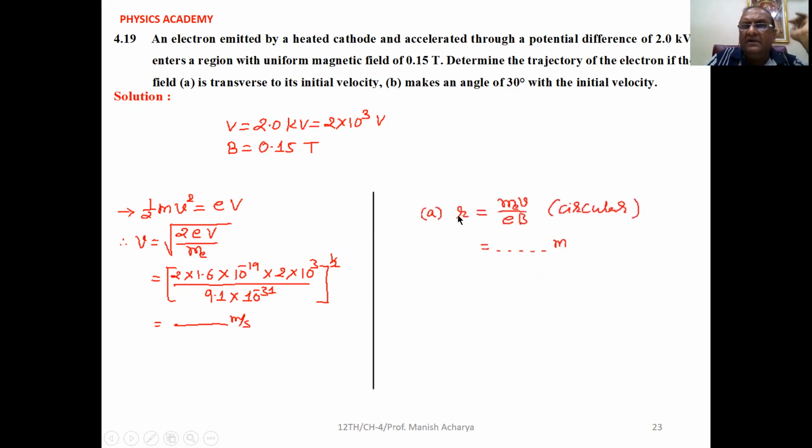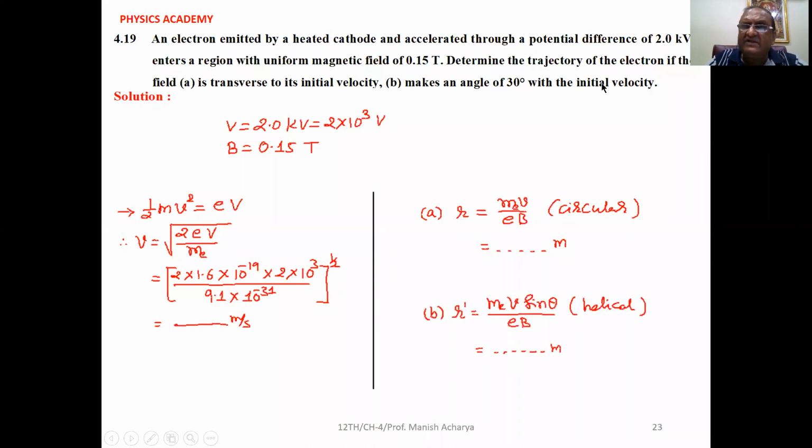Now, in the first case, the particle executes circular motion and the radius of its circular path is given by mv upon eB. Substitute the mass of the electron, the speed which we calculated here, the charge of the electron, and B as 0.15 Tesla, which is given to you. Then solve it and you will get the radius of the circular path.